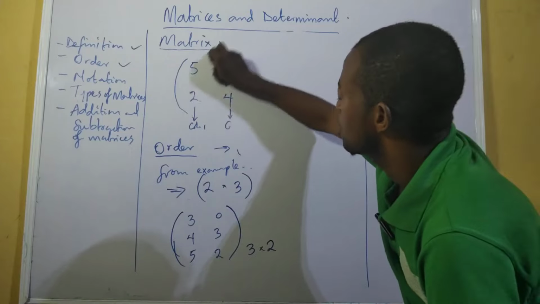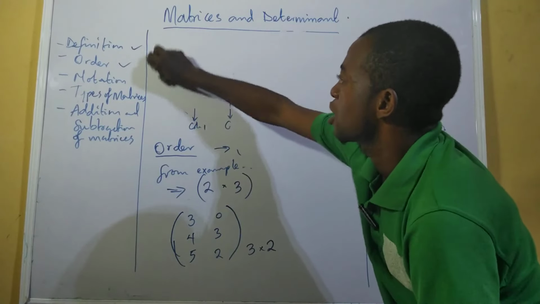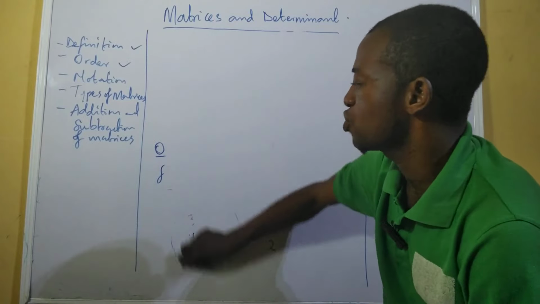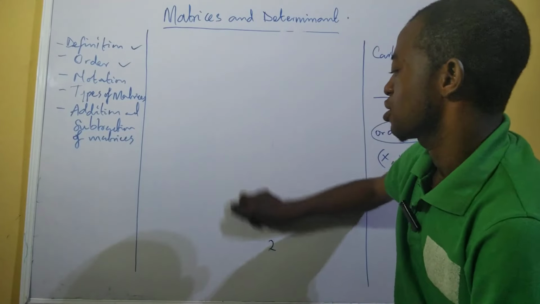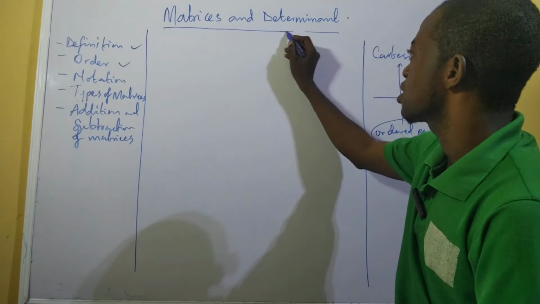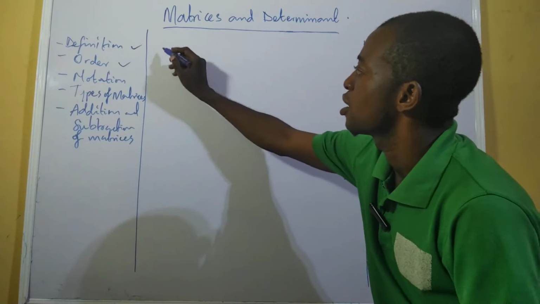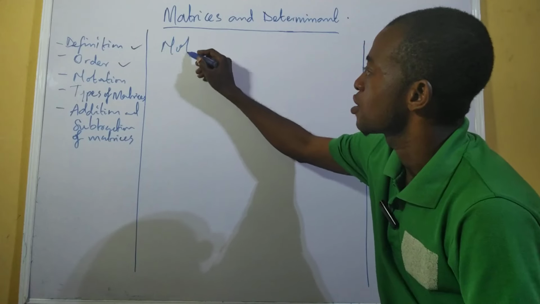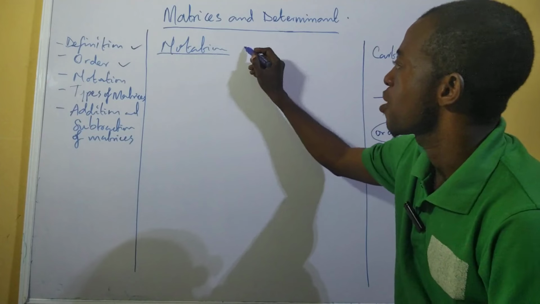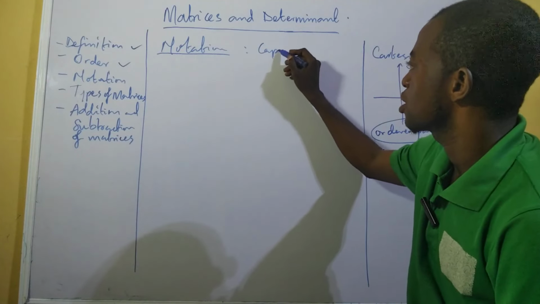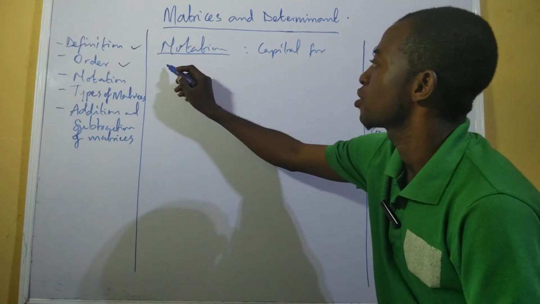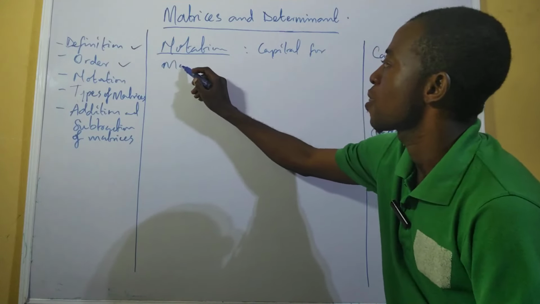Let's talk about the notation of a matrix. A matrix is usually denoted with capital letters. So we use capital letters for matrices.